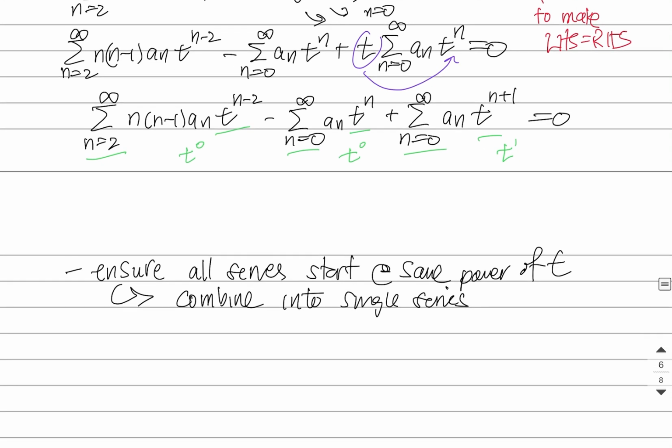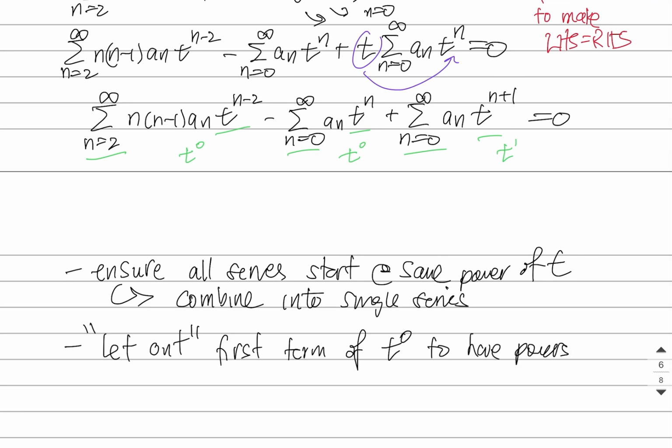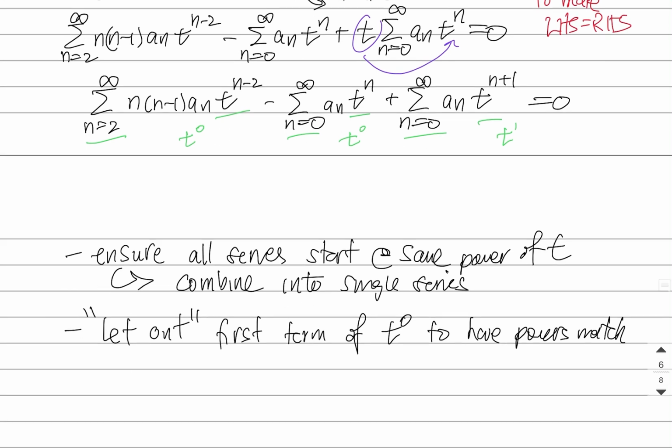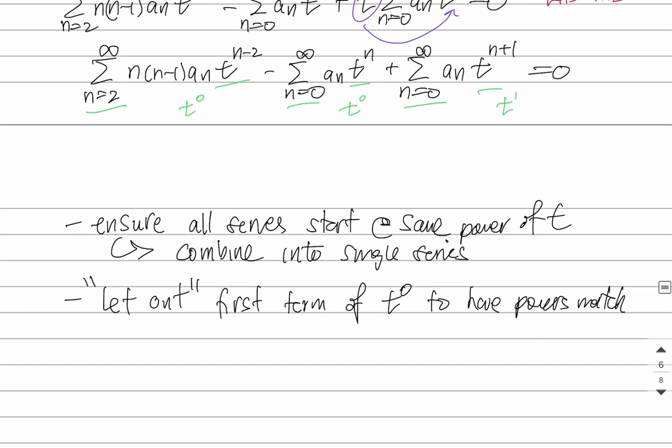And if that's the case, what we have to do is effectively let out the first term of these t equals 0 to have the powers match. So yes, you've got an infinite series.